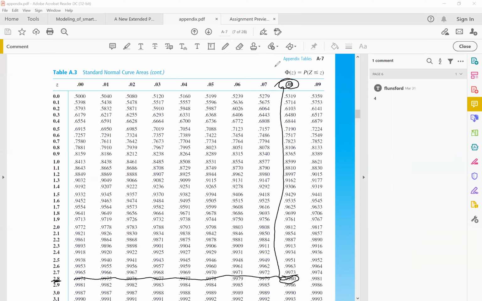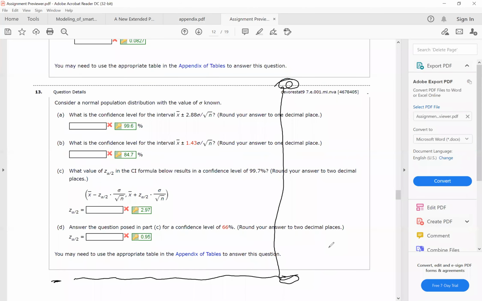So we have found that alpha over 2 is 1 minus 0.9980. Then you have to calculate alpha. So alpha will be 2 times this one, right?